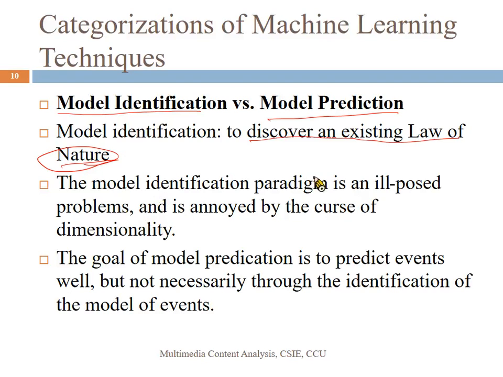The model identification paradigm is an ill-posed problem and is plagued by the curse of dimensionality because there are too many parameters and it's not efficient. It's difficult to estimate so many parameters that can describe the law of nature.